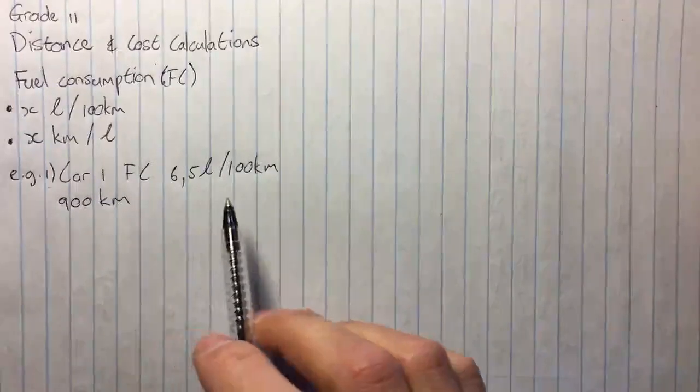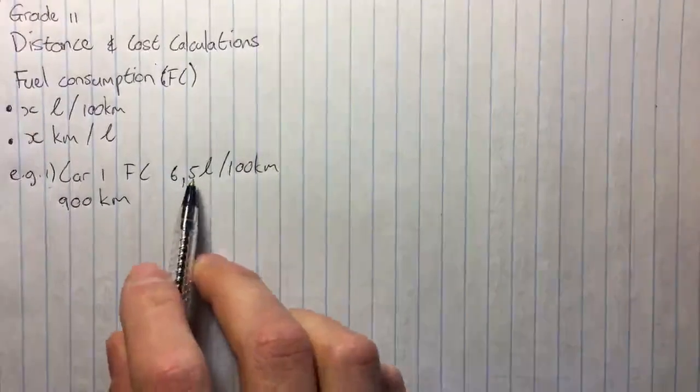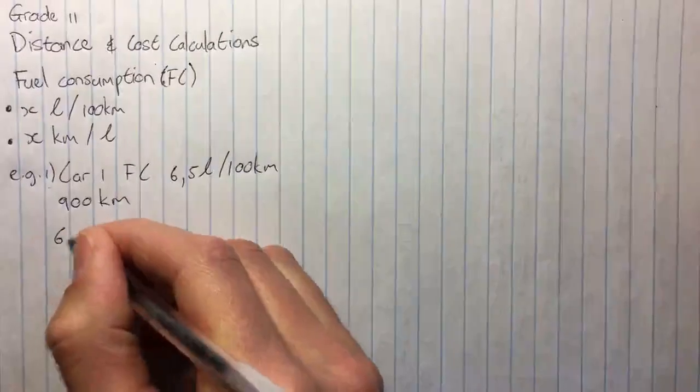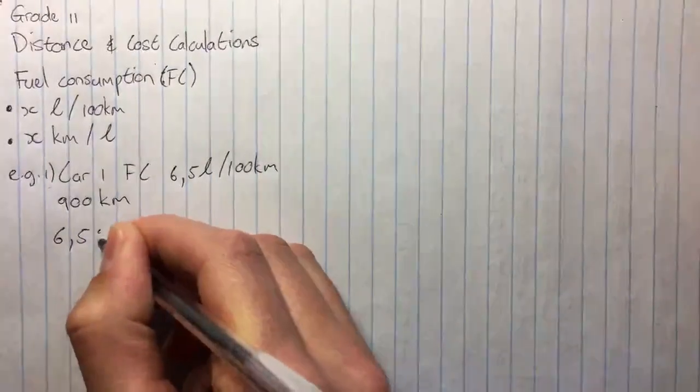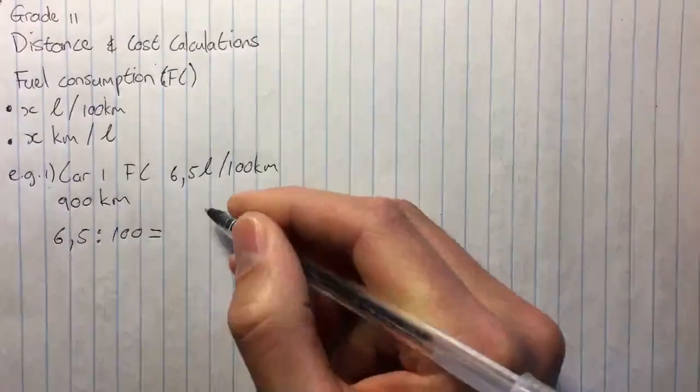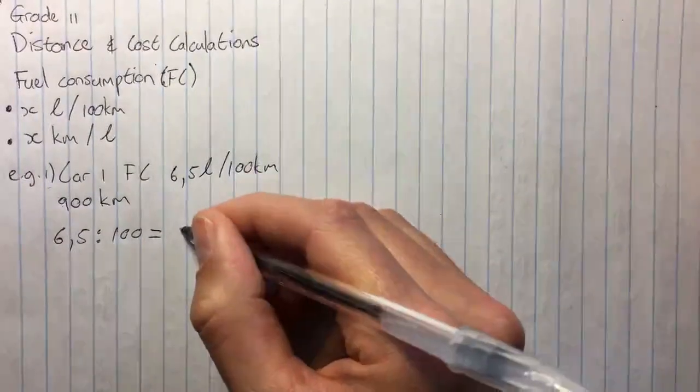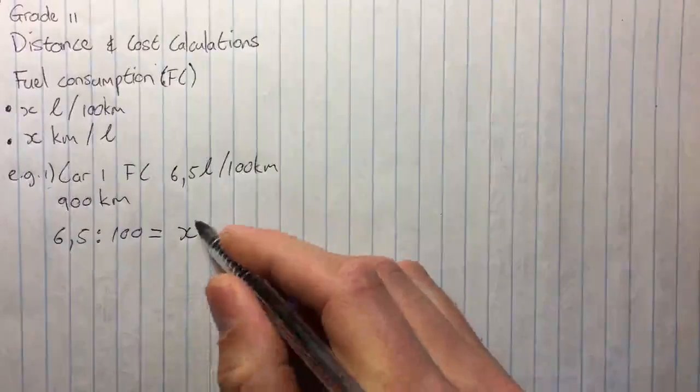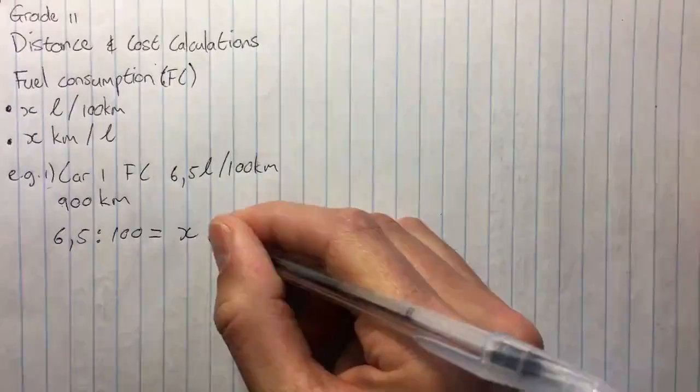So we write this as a proportion. We start with the fuel consumption that we have, 6.5 to 100 is equal to a certain amount of liters, we don't know what it is yet, to 900 kilometers.